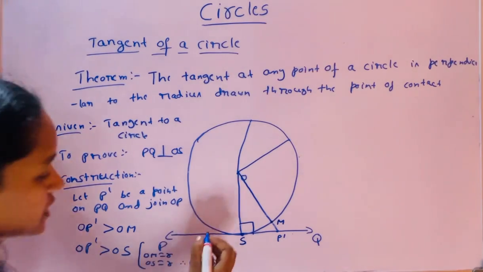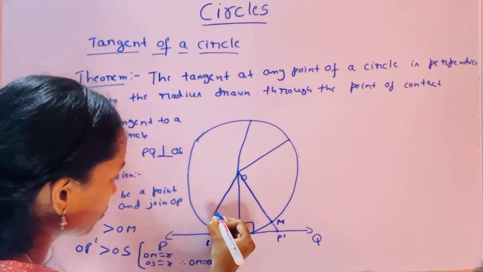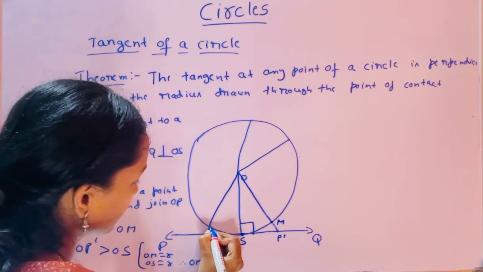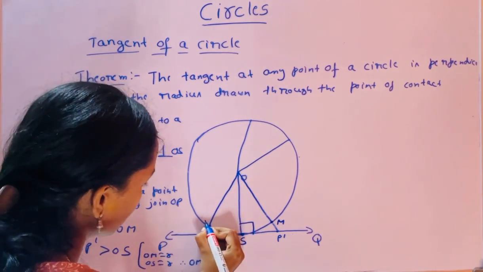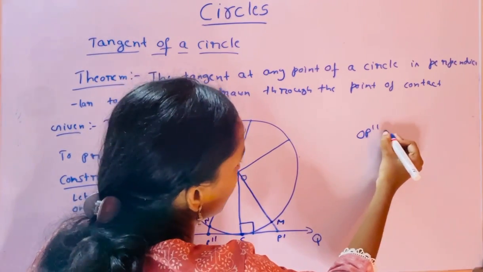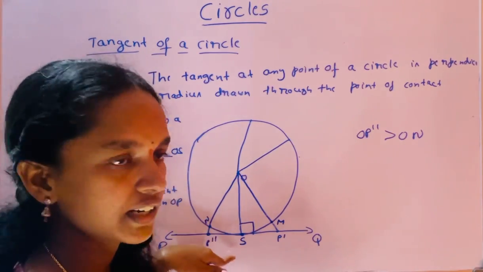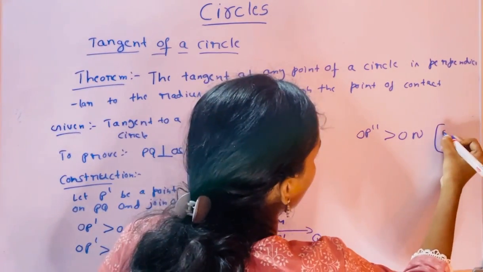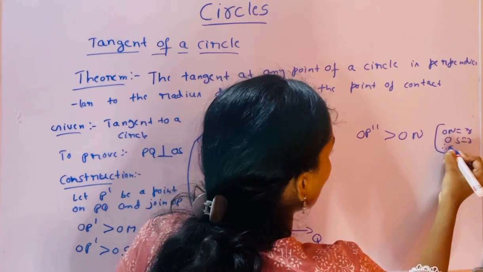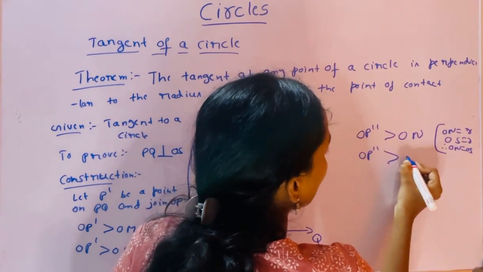If we consider another point P double dash on this line PQ and join OP double dash, then obviously this is greater than ON, that is the radius of the circle. So OP double dash is greater than ON. Since ON and OS are radii of a circle, ON is equal to OS, therefore replace ON by OS.